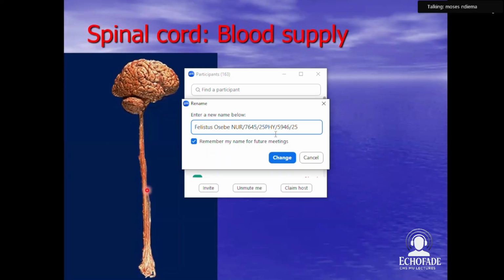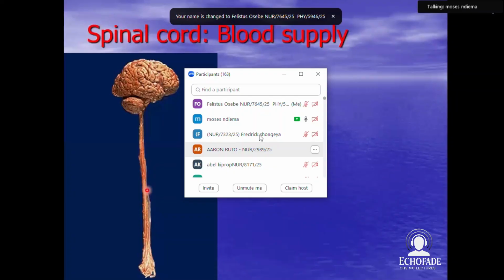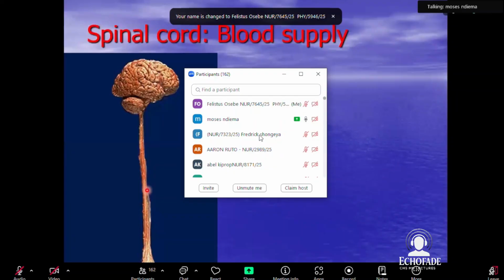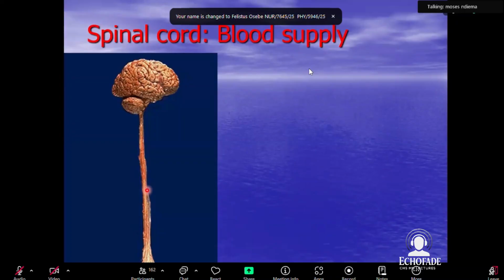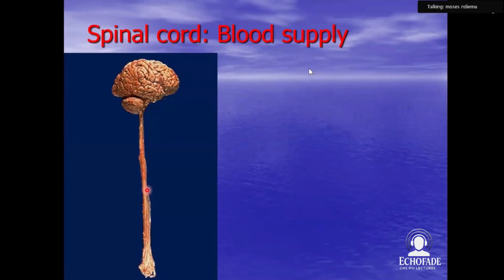And there's a space which we refer to as the epidural space. And then between the dura and the arachnoid, we have a subdural space, which is a potential space. It doesn't exist much. The dura and the arachnoid are very close together.